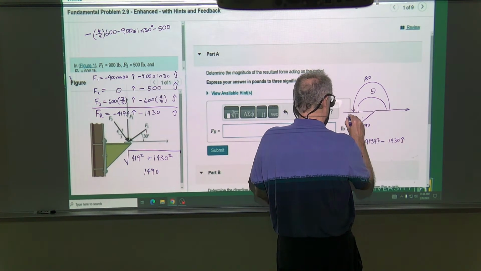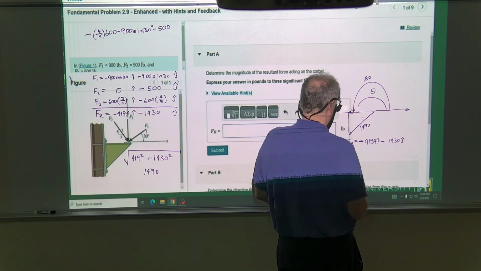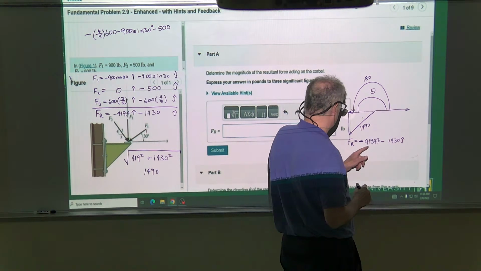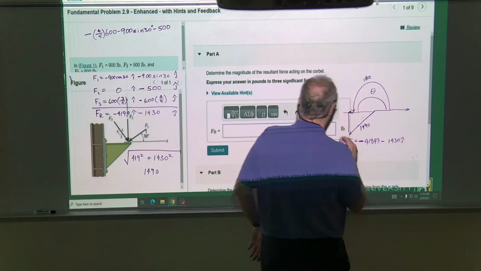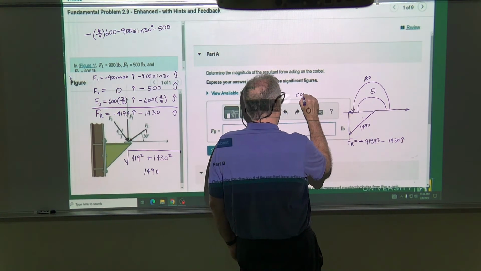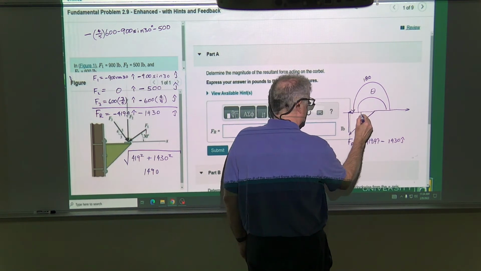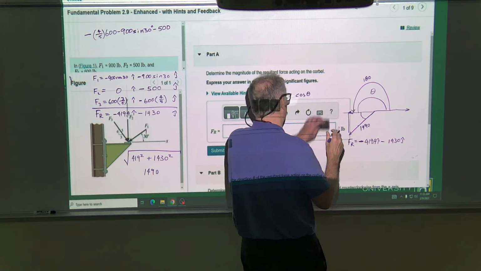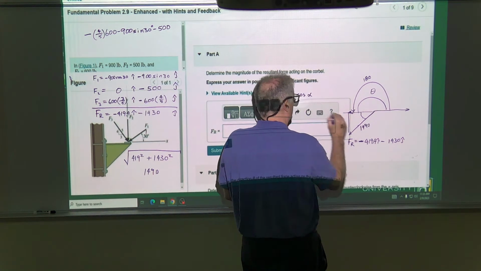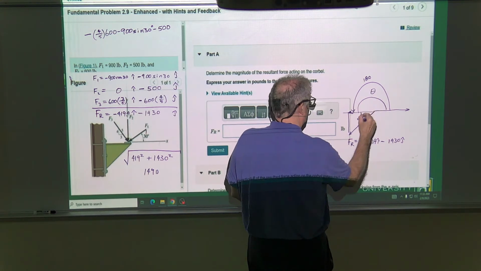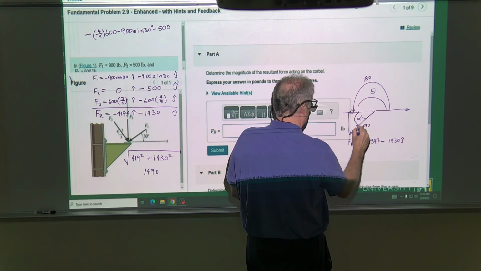Okay. And the x component is the 419. So if I say the cosine of the theta, which is, no, I better use a different term, alpha. So this is alpha, that's theta. Theta goes all the way to there.